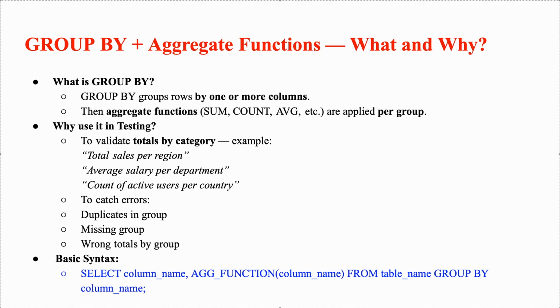This is really useful in testing because it lets us check things like total sales per region or average salary per department. It also helps us catch errors like missing groups or totals that don't match business expectations. In short, group by is a great way to validate group data.